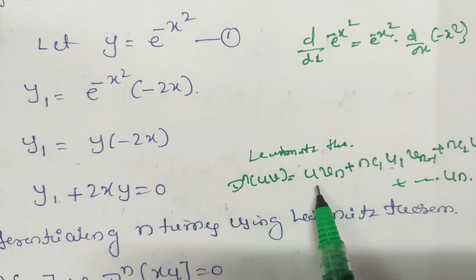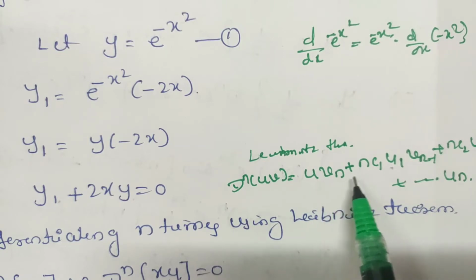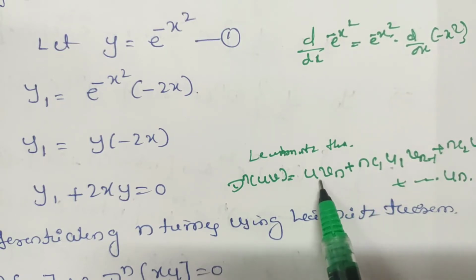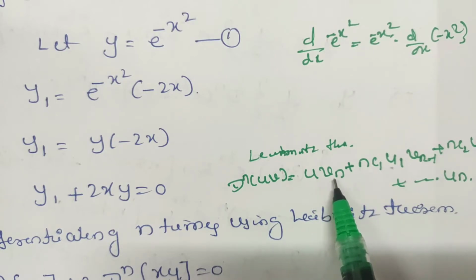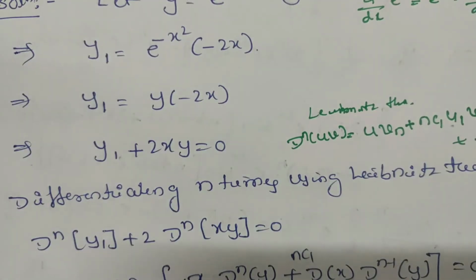So it means u as it is, nth derivative of v, plus nc1, differentiate this term and reduce the derivative of v by 1.